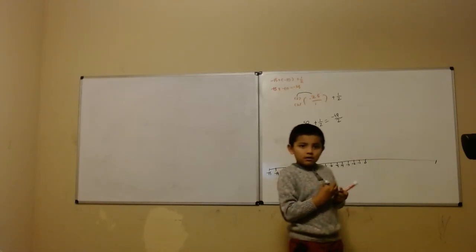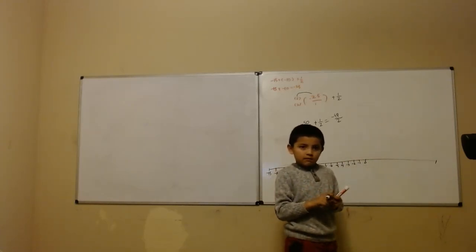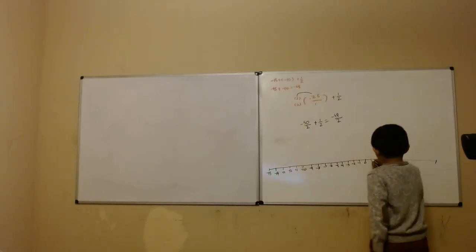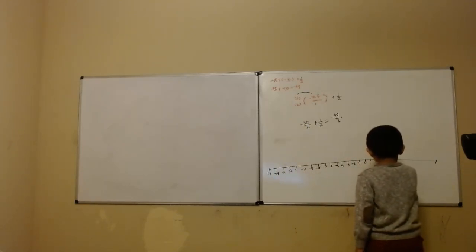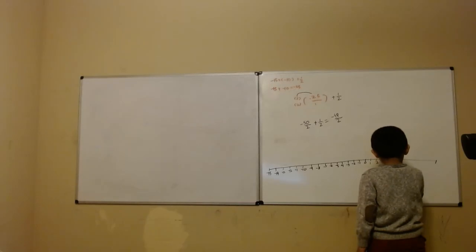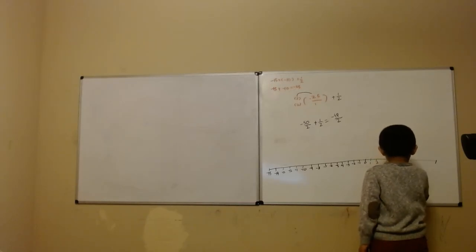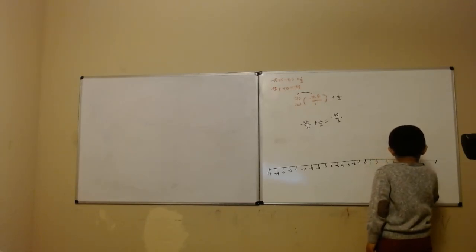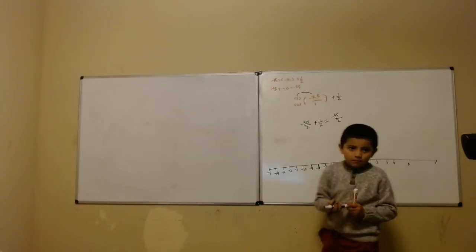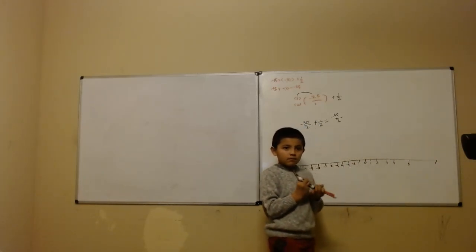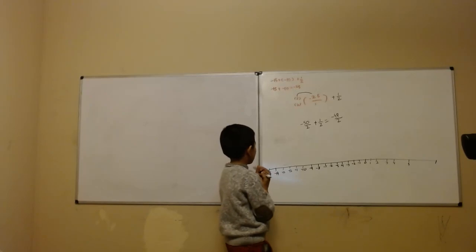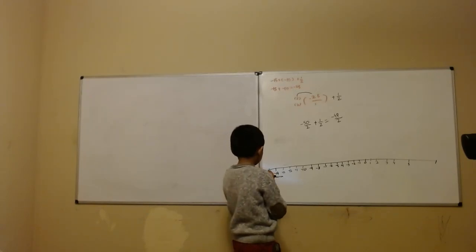Okay, those numbers are positive or negative? Positive. Okay. 1, 2, 3, 4, and 5. Okay, now show me the process, how you do it with the number line.